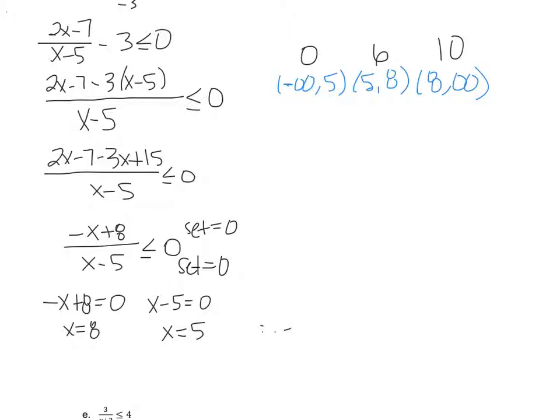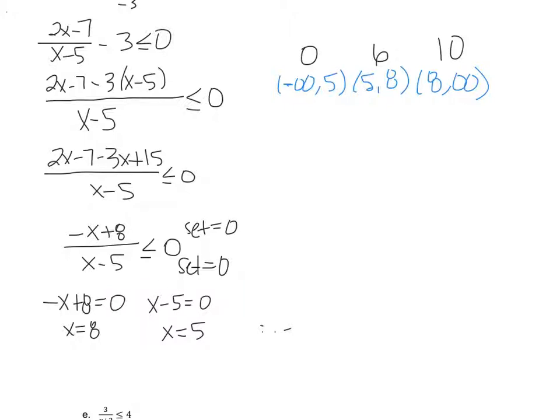Okay, so then you're going to plug them in. Well, which equation do you plug them into? I would choose this one right here. It's where we have cleaned it up and it's less than or equal to 0. Okay, so choose this one and go ahead and start plugging in.